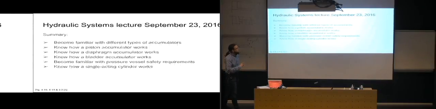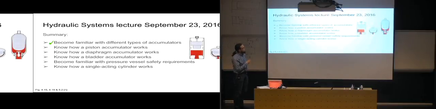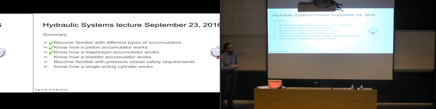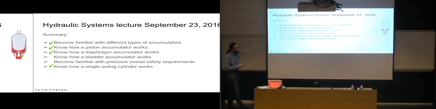So today we had these learning goals. We were to become familiar with different types of accumulators, which we did. We looked at the piston, the diaphragm, and the bladder kinds. And we even figured out how the piston accumulator works in specifics, and the same for the diaphragm and bladder accumulators.